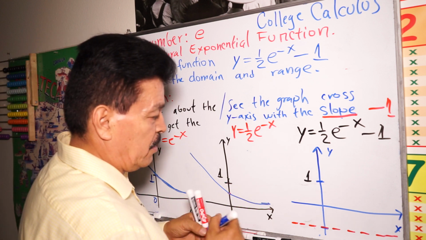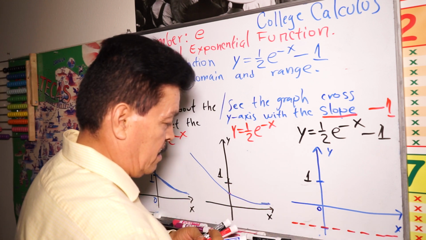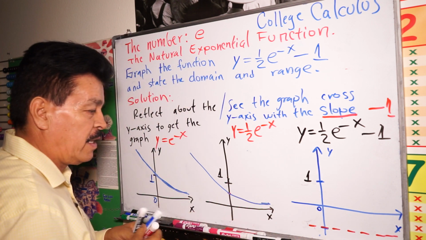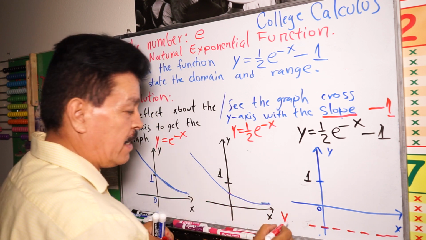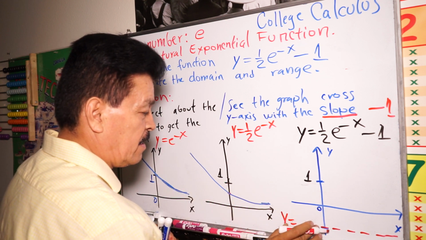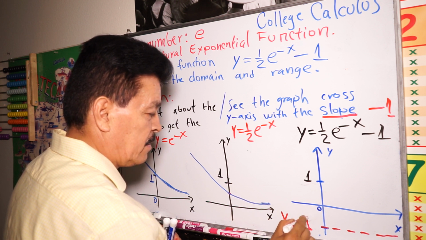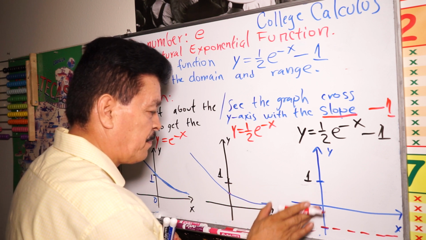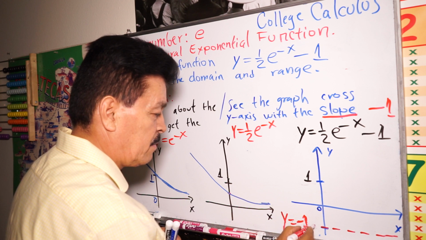Then it's a 0, right? Let's write right here y. This is y equals -1. So -1, right?